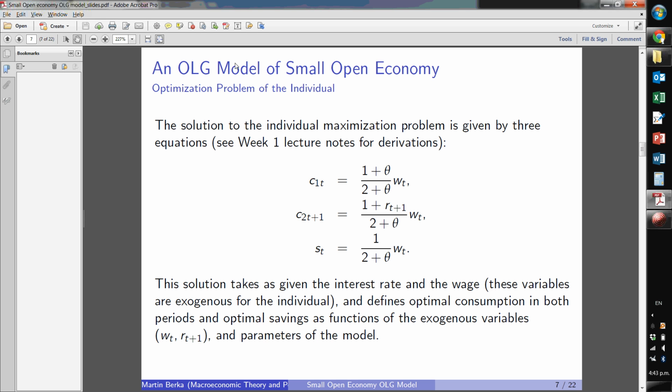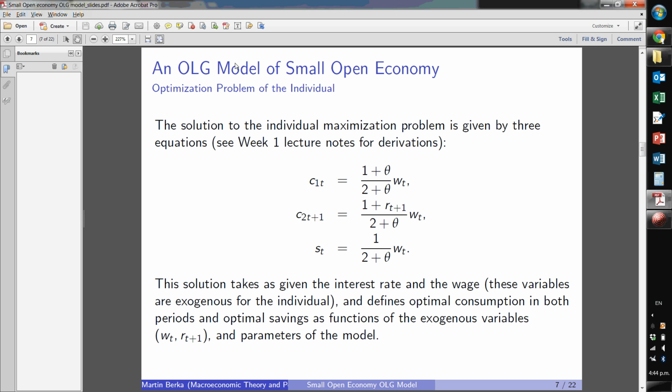Now, because of the assumption of small open economy, normally we would have to pair these consumer demands for period 1 and period 2 consumption with the supply of savings, as well as the demand for capital and possibly demand for labor conditions, so firm maximization, in order to solve exactly for the relative price of labor, which is the wage, and the absolute price of capital, which is the interest rate.